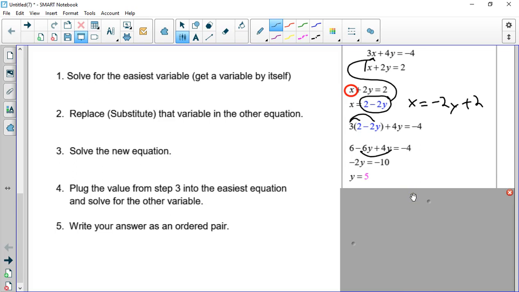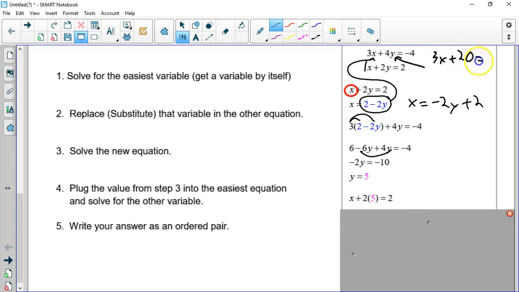Now, once you have y equals 5, you can plug it in to either of the top 2 equations. The easiest one is going to be the first one, because x is by itself. You're not going to divide by anything. Now, if you put the 5 in right here, it's not a big deal. You'd end up with 3x plus 20 equals -4.